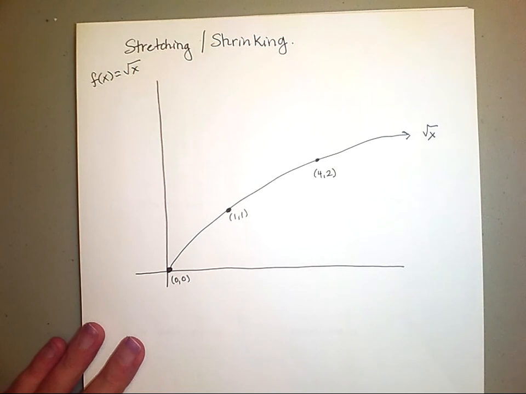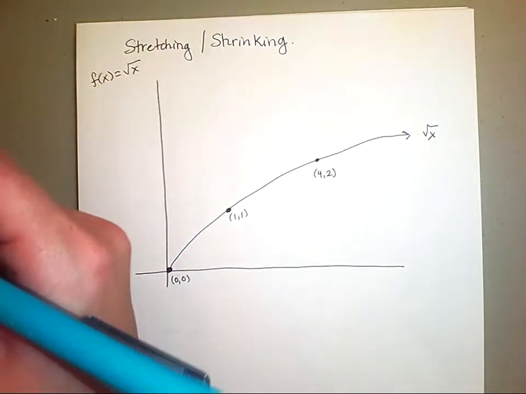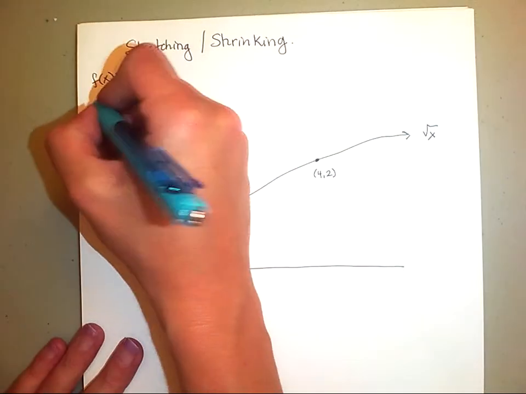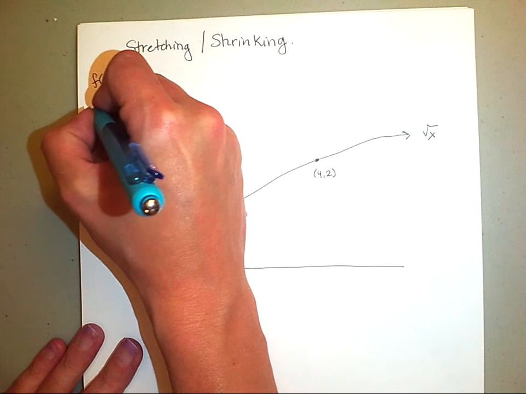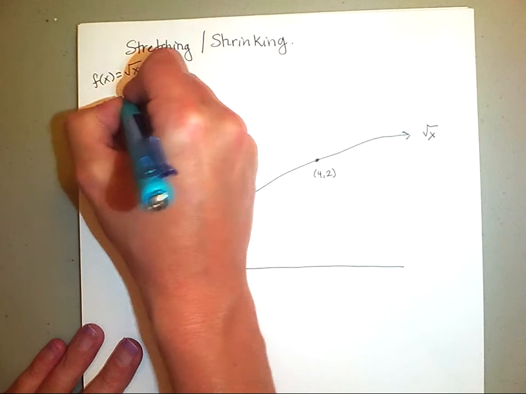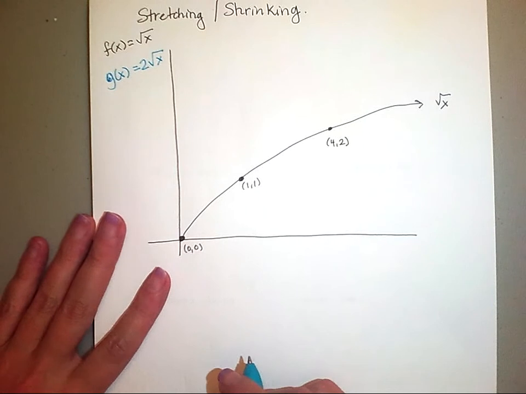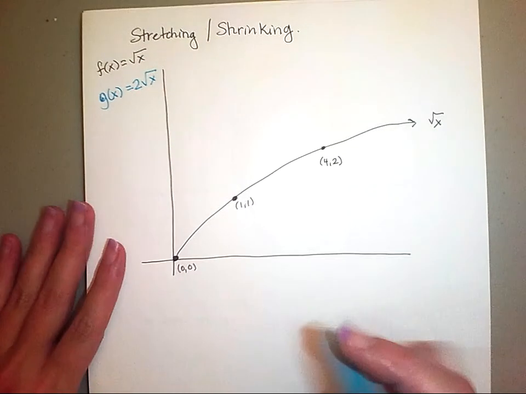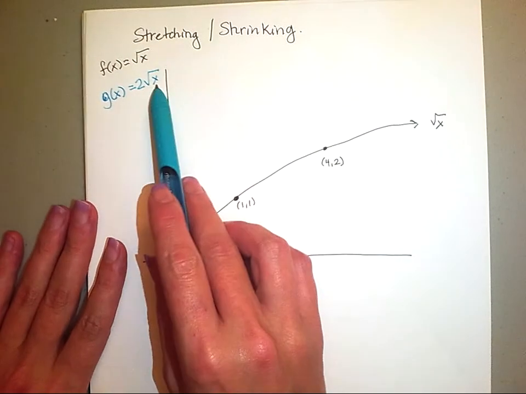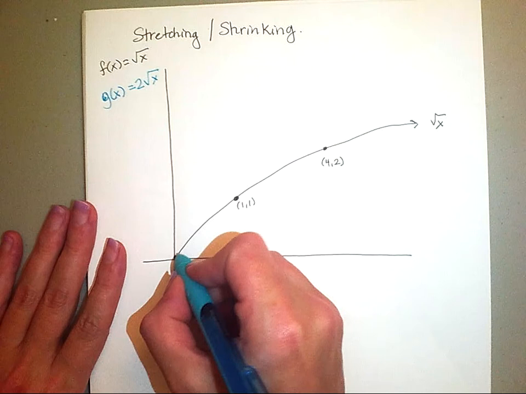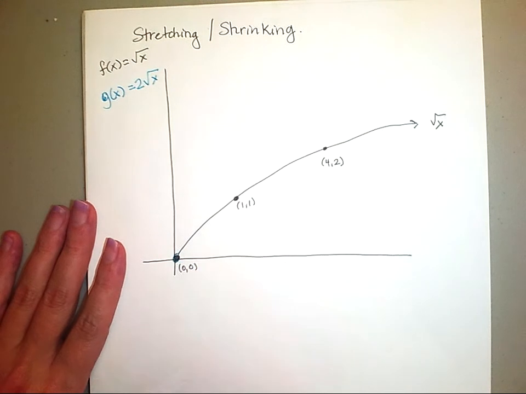Okay. So what if we have g of x that is now 2 times the square root of x? Well, at 0, we get the square root of 0 times 2, which is just 0, and so it stays the same.